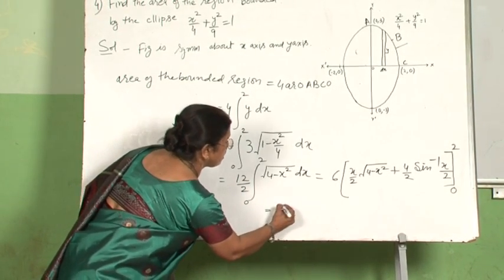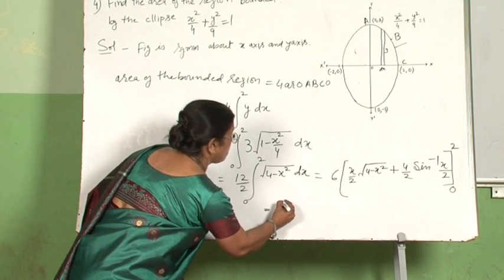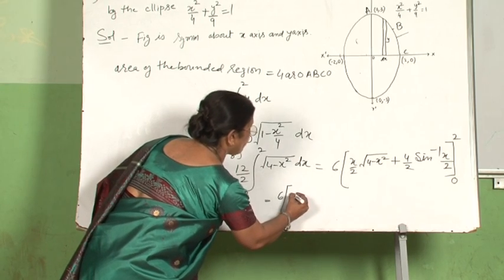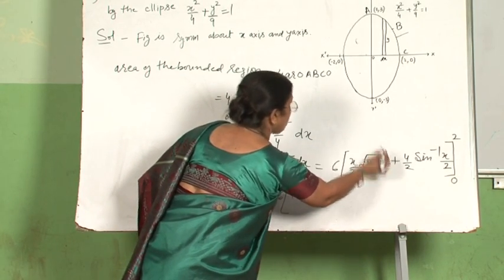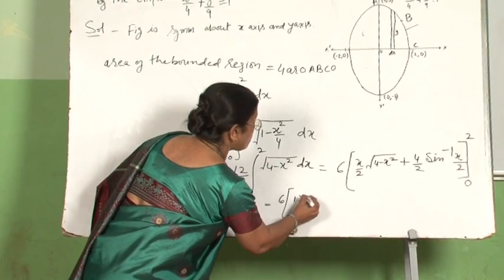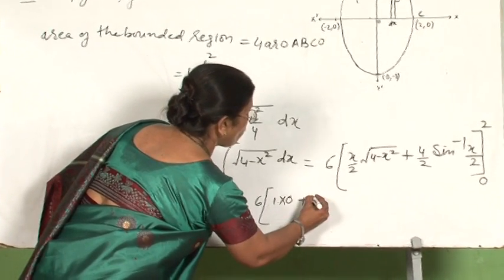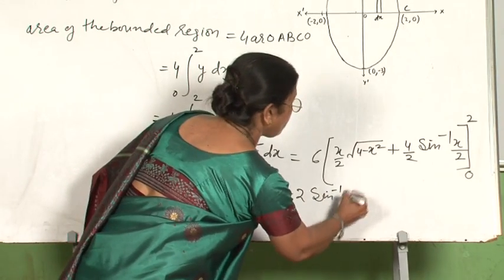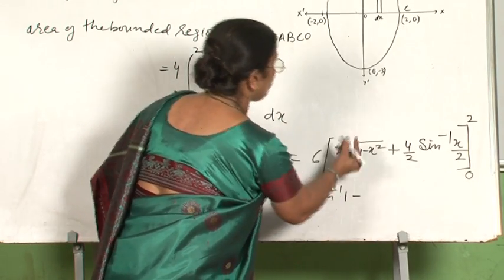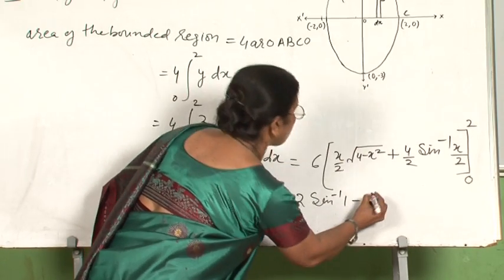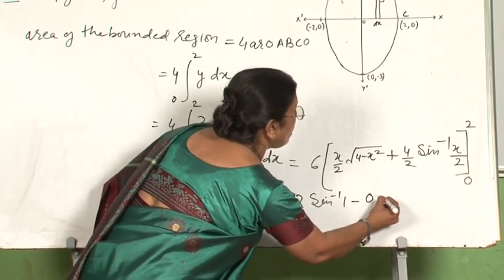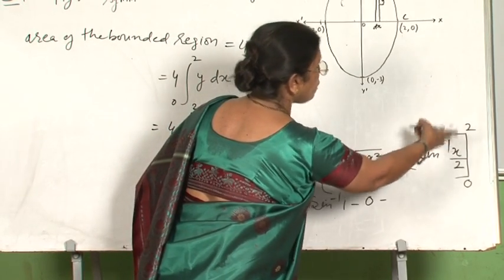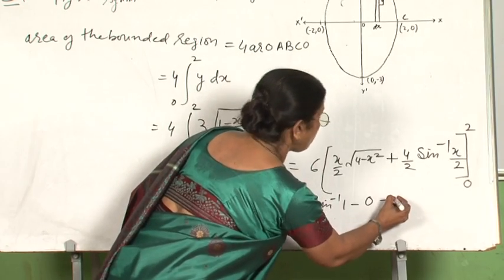Now, put the values. So, this is 6, when we will put 2, it becomes 2 by 2 is 1, but 4 minus 2 squares becomes 0, plus 4 by 2 we can write 2, sine inverse 2 by 2 is 1, minus, when we put 0, 0 into something becomes 0, so it will become 0, and minus 4 by 2 or 2 sine inverse 0 by 2 is again 0.